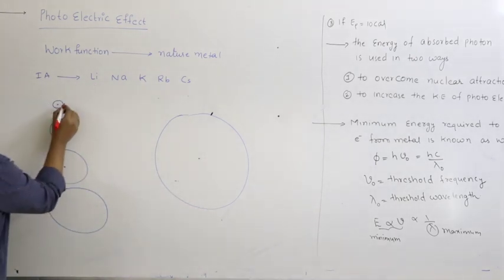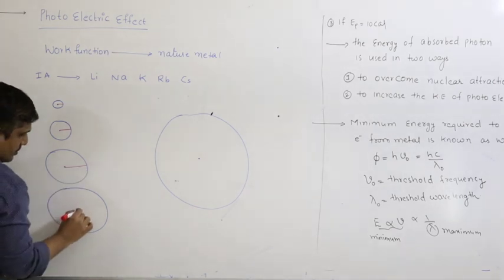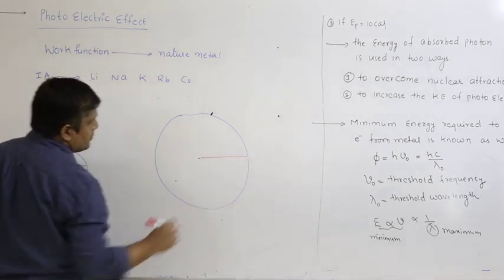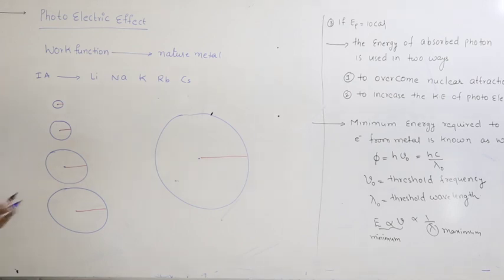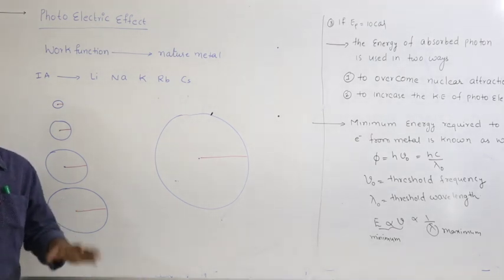So, you can clearly see as the size of the atom increases from lithium to cesium, the distance from the nucleus also increases, that is, atomic radii increases. Ionization energy decreases.